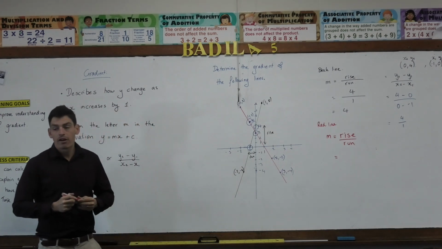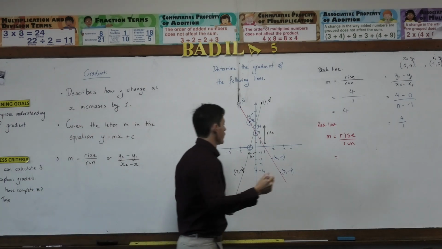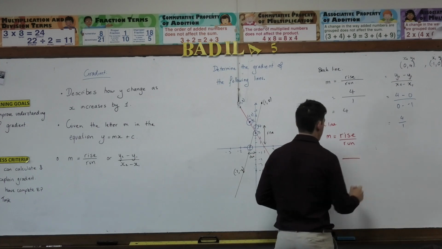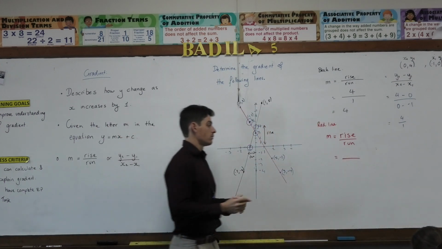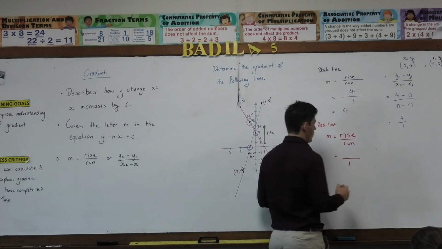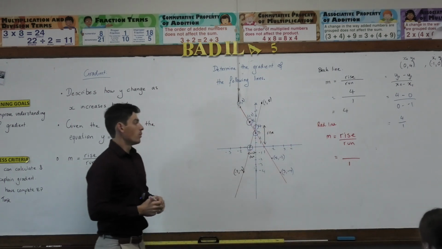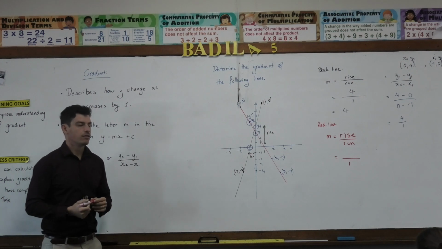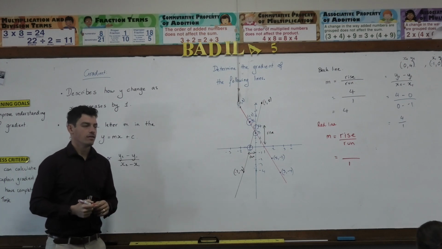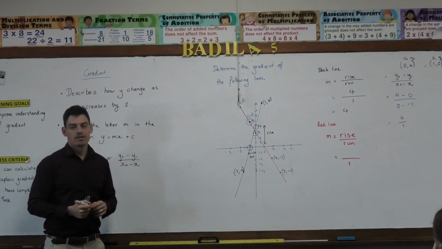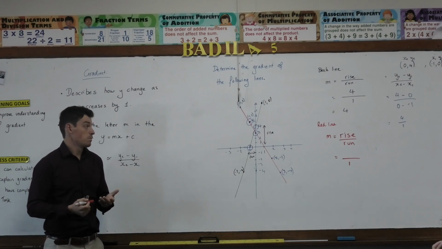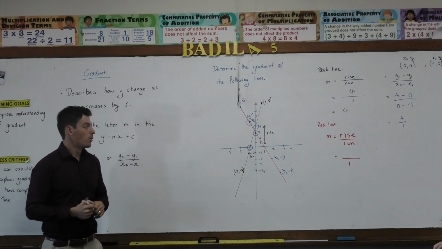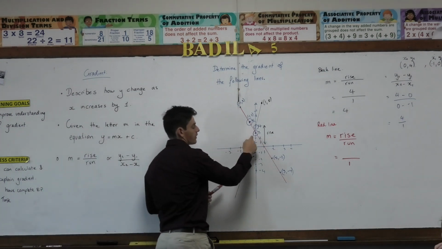What's my run? How far across have I gone? I started at -1, I finished at 0. How far across have I gone? 1. My run should almost always be positive. What's my rise? How far up have I gone? I want the difference between these 2 points, correct?